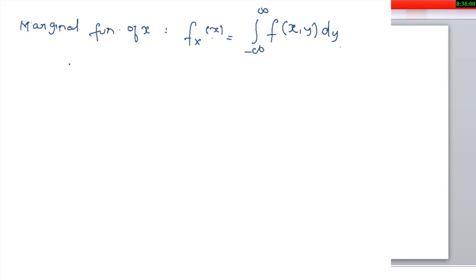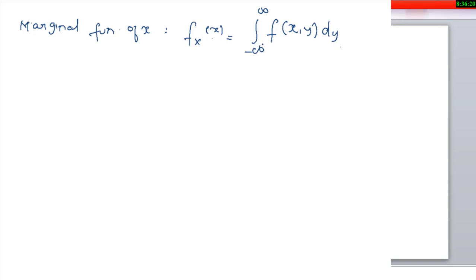Since we are integrating with respect to y, we should know the limits of y. In the question, they have given the function f of x comma y as 1 by 12 e power minus (x by 4 plus y by 3) u(x) u(y).